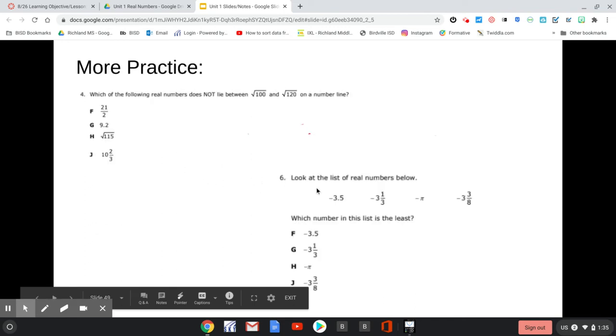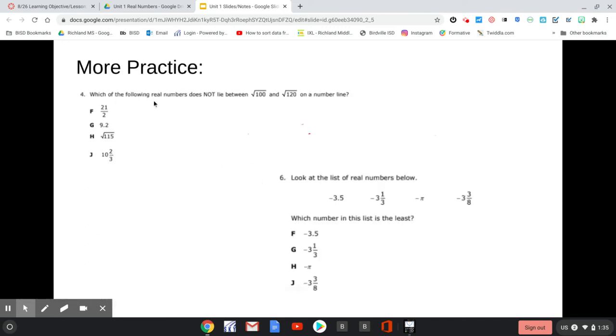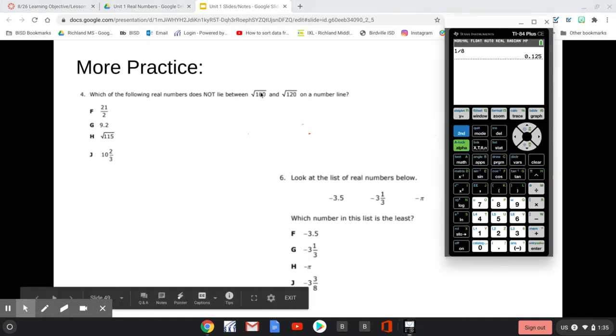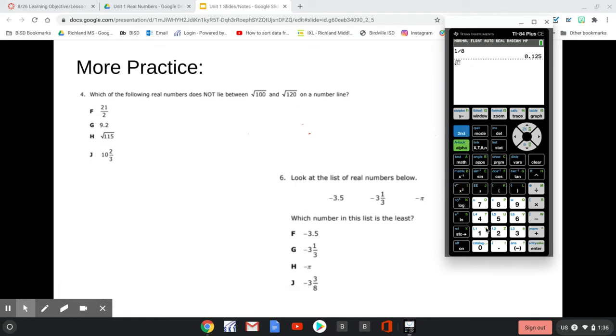Okay, this is good. Which of the following real numbers does not lie between the square root of 100 and the square root of 120? So let's see if we can figure out that one. So we need our calculator, and the square root of 100, if you don't know, is second square root 100, enter.